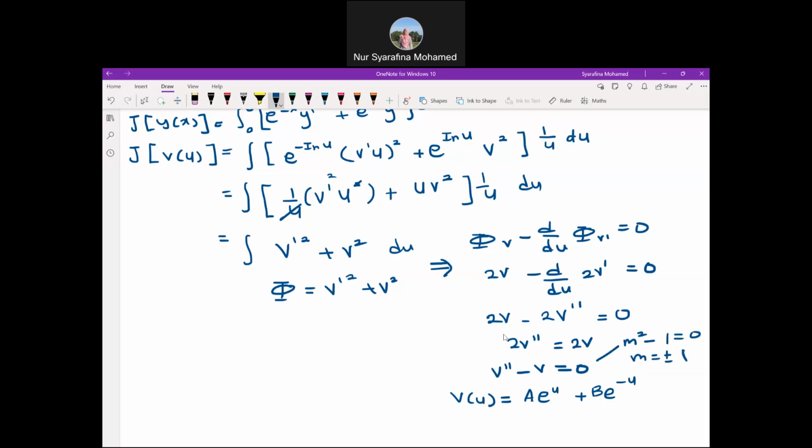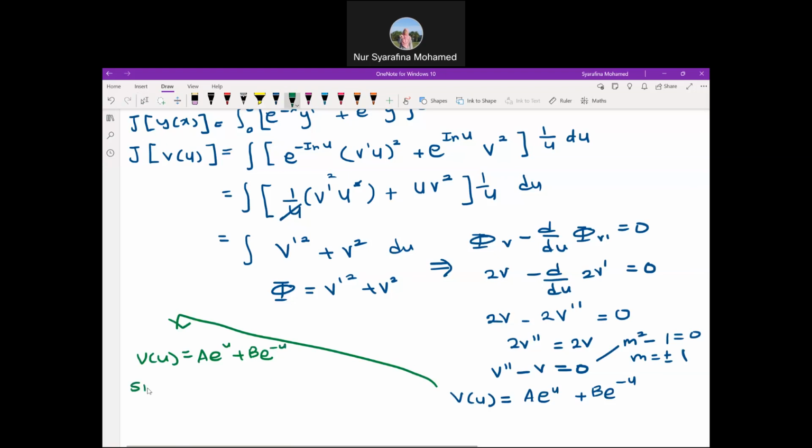Okay, now from here, this is the extremal that we obtain after we change the variable x with u in terms of u and y in terms of v. Now from here we have our v(u) equals A e to the power of u plus B e to the power of minus u. So again, refer to the given function, right?